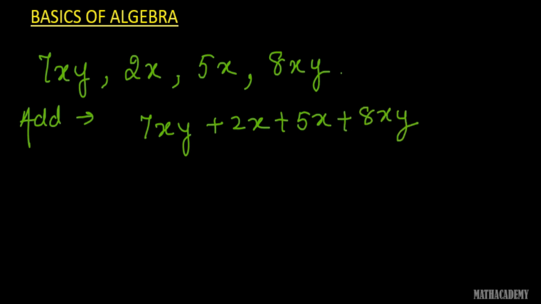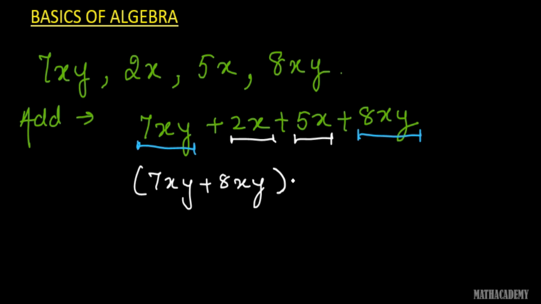Now let us mark the terms which are like. We can't add a like term to unlike terms. So we see that 7xy is like 8xy and 2x is like 5x. So we add the like terms together.